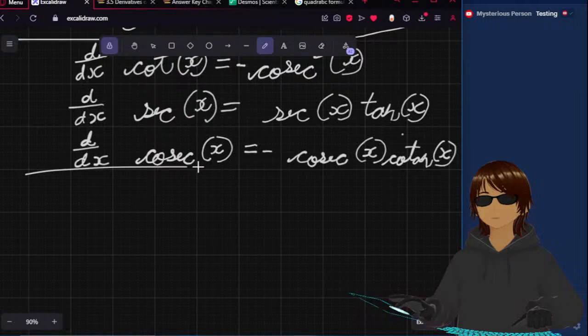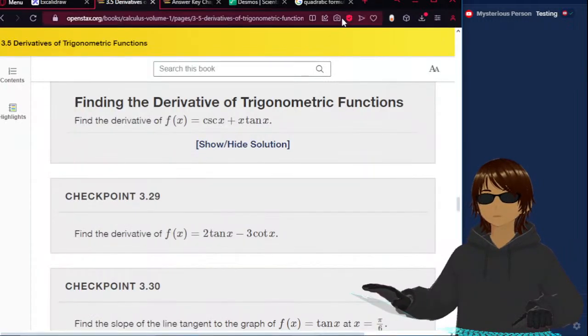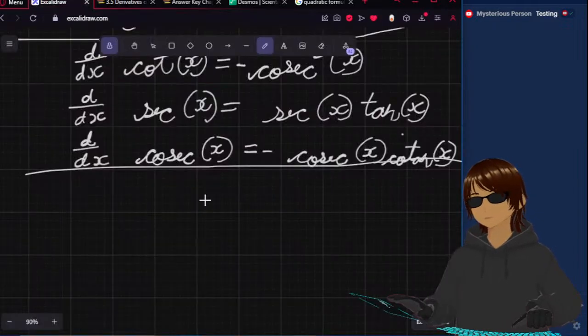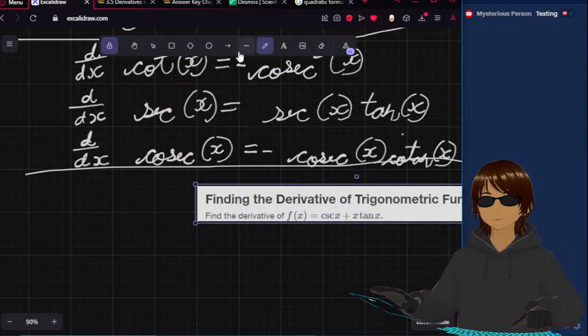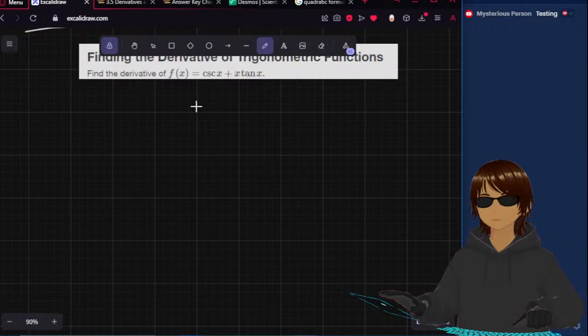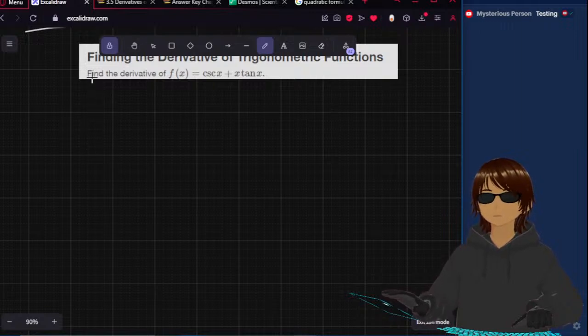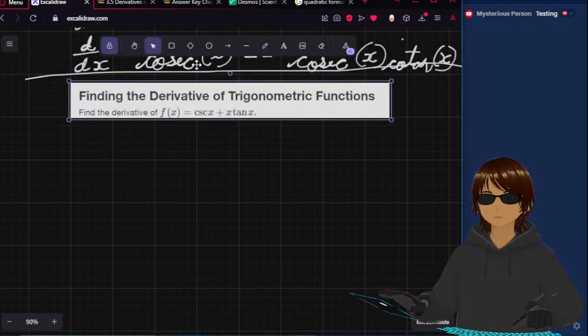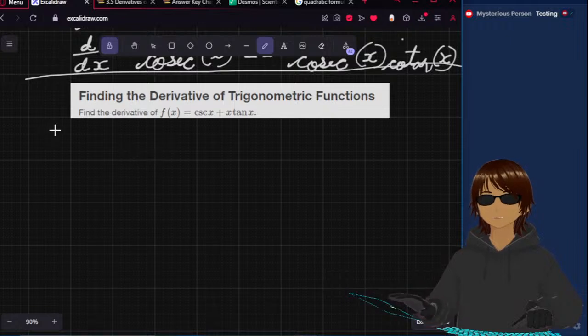Okay, let's do this one. So the derivative is the derivative of the first.